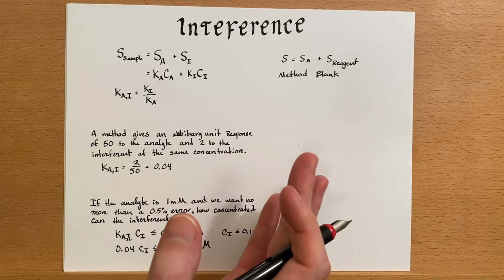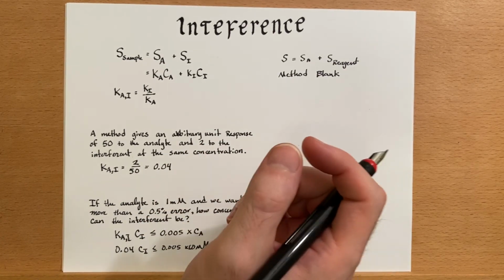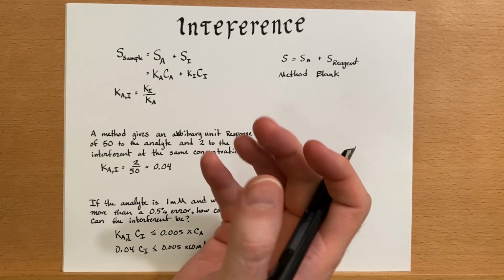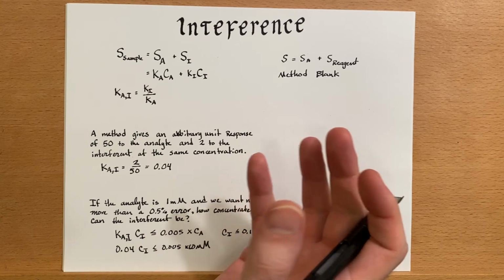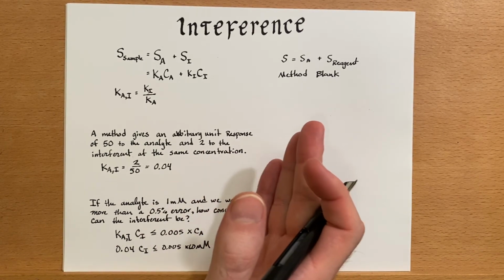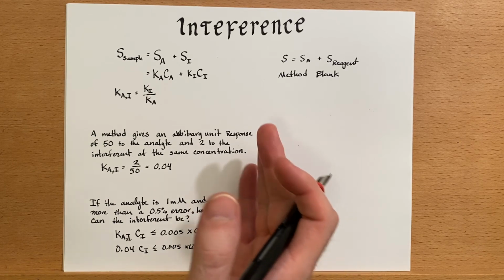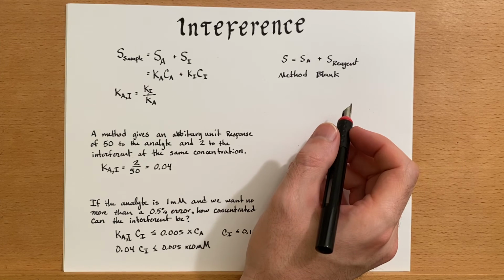This can be useful especially when we have reagents that have their own color, an example of UV-Vis, or something like that, because then those will contribute a non-zero amount of absorption. And in those cases, a method blank can be very important.